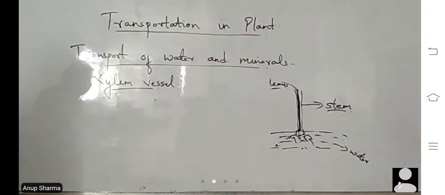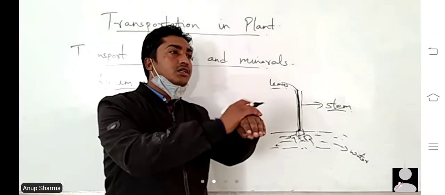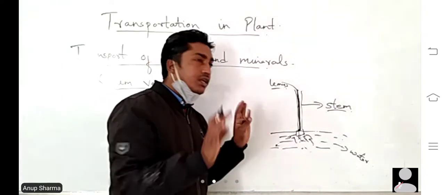Minerals are taken up by the plants from the root as a solution in water through root hairs, root cortex, and epidermis, and reach the root xylem. Epidermis means the upper layer of the stem.